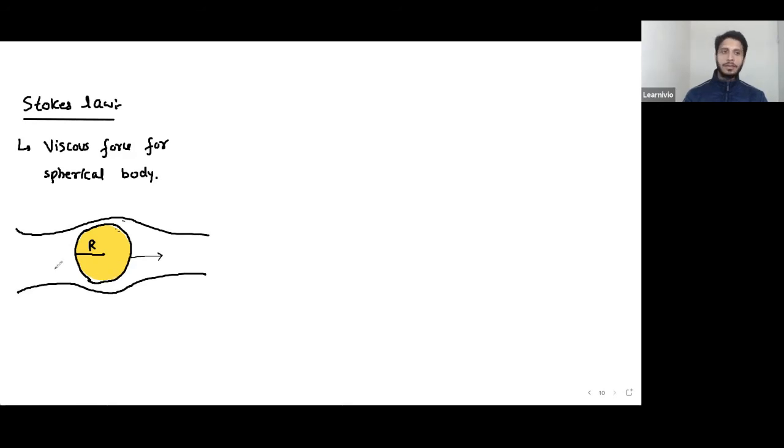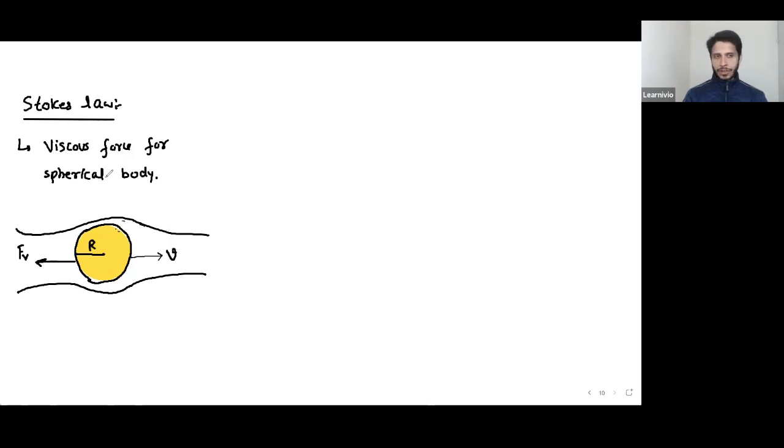As a result, this body will experience a viscous force. So this fluid is not directly exerting force over the body. It is exerting viscous force on the fluid which is attached to the body. The body is wet. If you put a body into a liquid, it gets wet. Clear, Harshit and Fazil? Yes, sir.